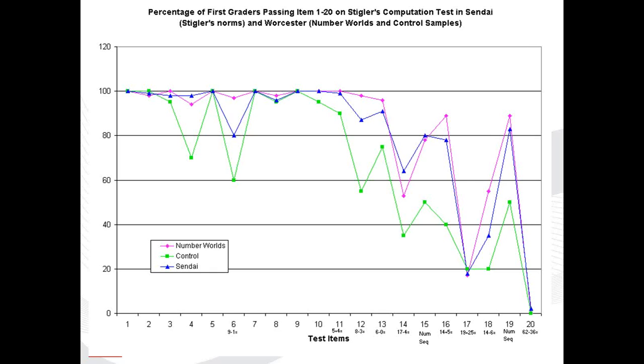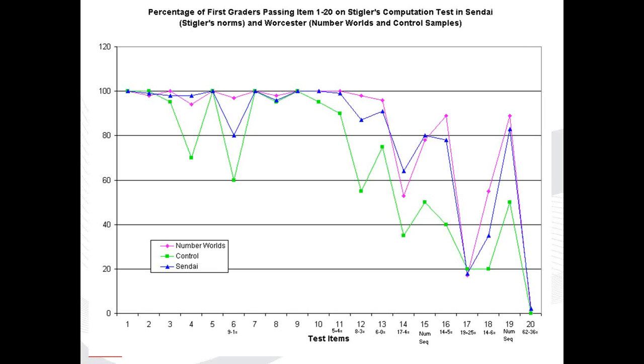The Japanese sample did really well on all the items up through the 14th item, and then they started to have difficulty. And on the 20th item, a big double-digit item, 62 minus 36, they plummeted. They were unable to solve that problem.